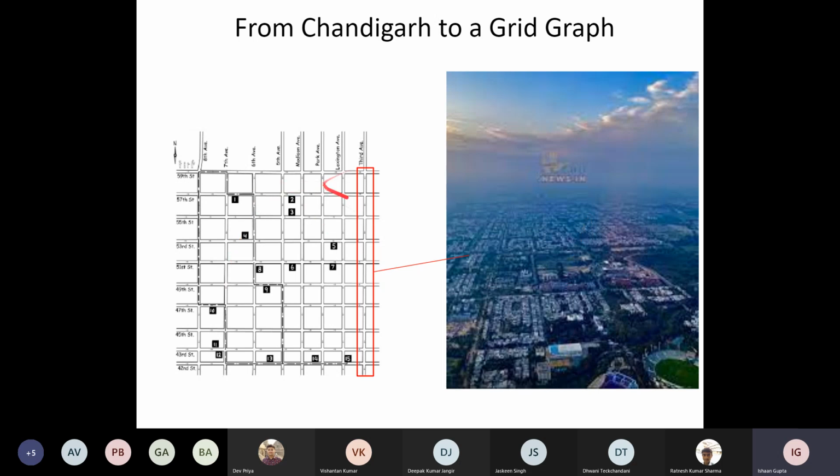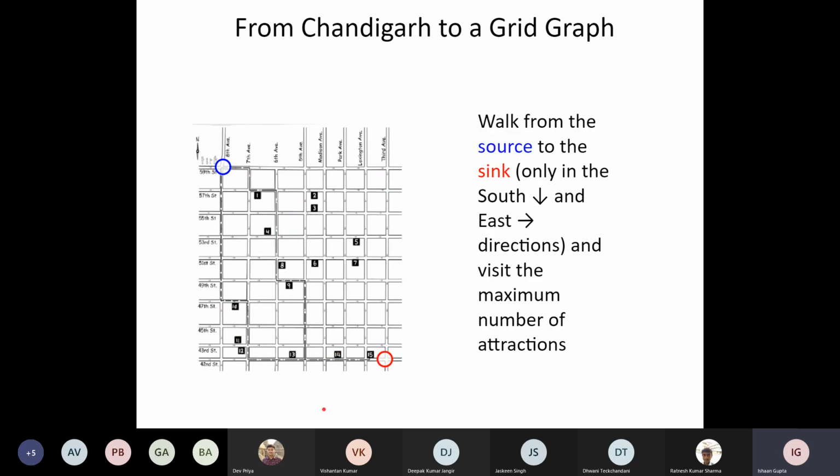This pattern I actually took from Manhattan. All right. And within a city like Chandigarh, whenever you have these roads crisscrossing, at the intersections of many roads you would have lots of sites that you would want to see. So basically, this entire city can be made into a grid-like graph of crisscrossing roads. Right. So now, if you want to go from one part of the city to another part of the city, right?